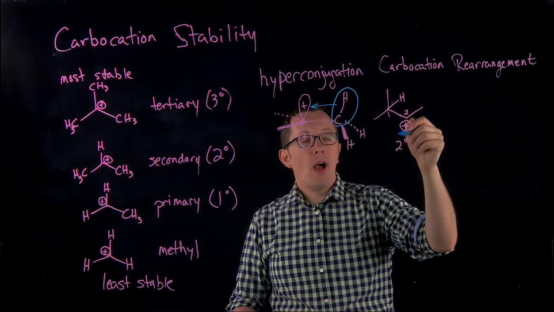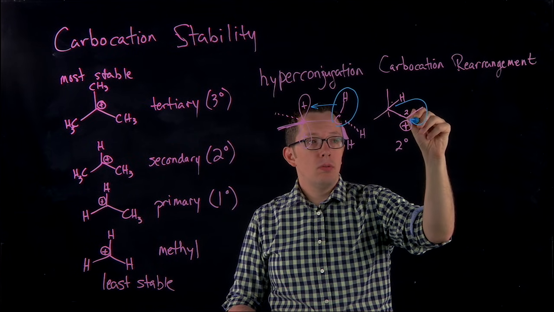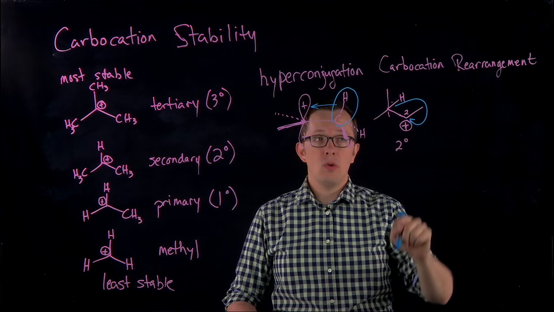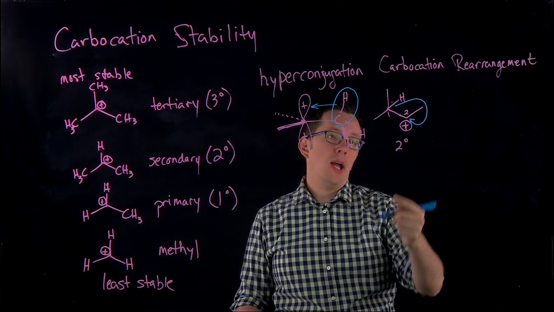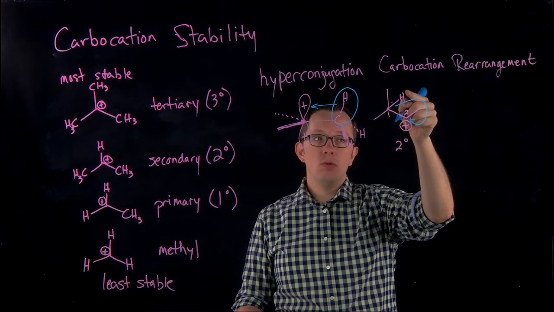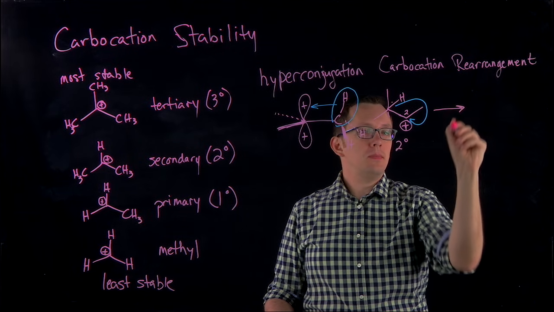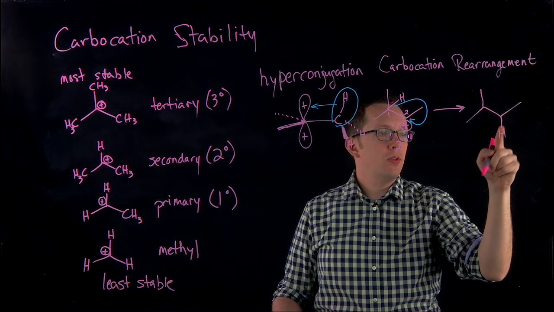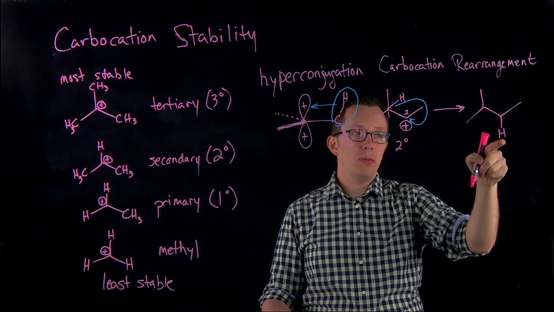So we're going to do a hydride shift where we take the electrons and we're going to move it from position 1 to position 2. So we're breaking the carbon 1 hydrogen bond and we're changing it into a carbon 2 hydrogen bond. So we end up with a structure where we have the new hydrogen, the hydrogen we moved, I drew that in at the secondary position.